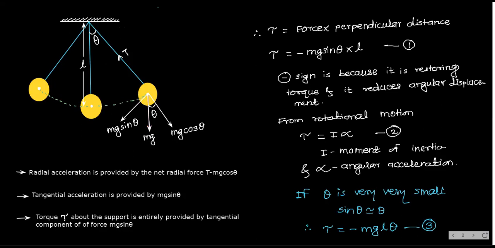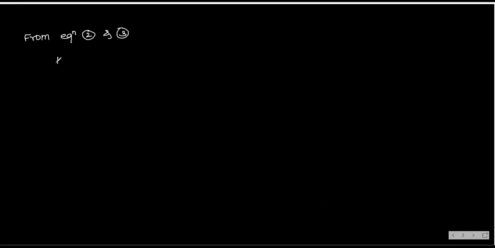So what I am getting, I alpha is equal to minus mgl theta. That implies alpha is equal to minus mgl by I into theta. Call this equation number 4.